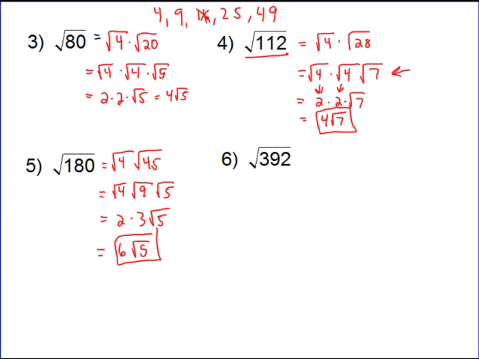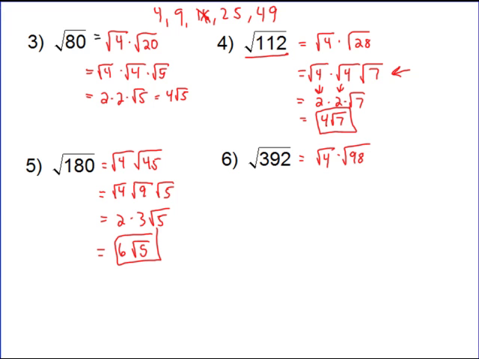All right, last one, 392. It turns out square root of 4 goes into this. If you can't do it quickly, think about 400. Right? 4 goes into 400 100 times. So it goes into 396 99 times and 392 98 times. Or you can just divide it out.